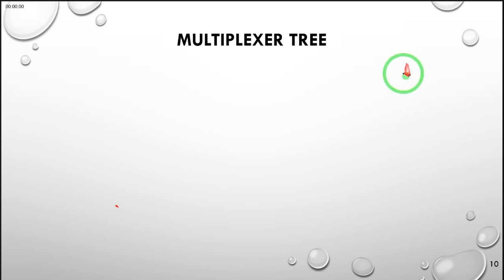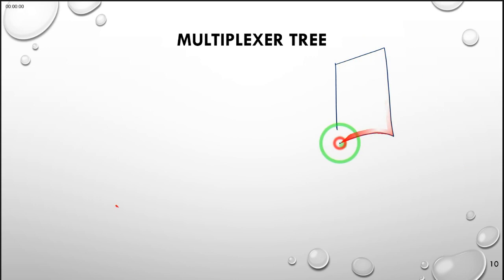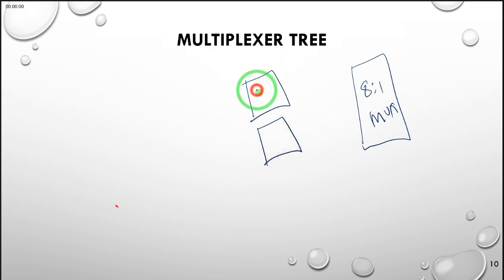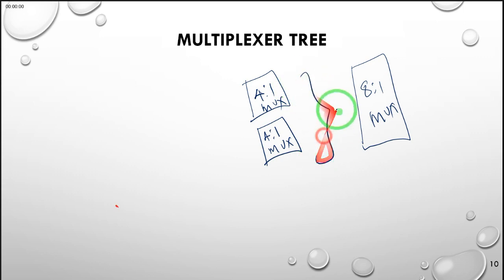For instance, we assume we want a function that requires an 8 by 1 multiplexer, an 8 line to 1 line multiplexer, and we only have at our disposal 4 by 1 or 4 line to 1 line multiplexers. At that point, we would need two 4 line to 1 line multiplexers to implement our higher order multiplexer function, and that is when we talk about multiplexer trees.